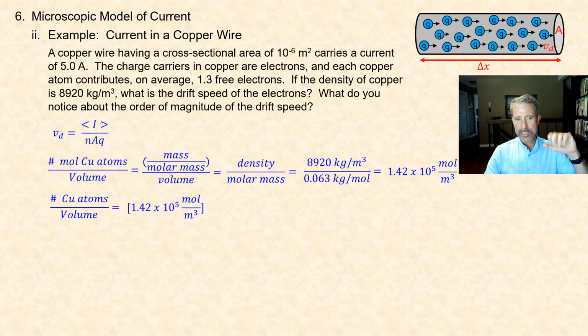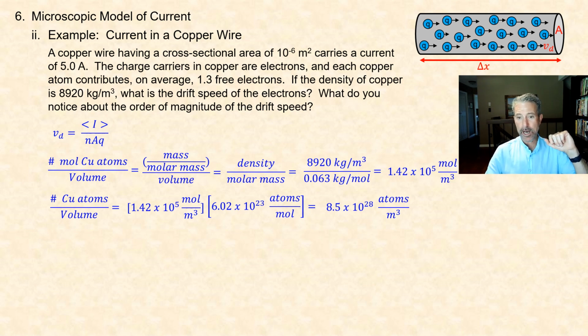We can get that simply by multiplying the number of moles per cubic meter by Avogadro's number. That tells us how many atoms there are in a mole, and this gives us how many copper atoms are in a cubic meter of a sample of copper.